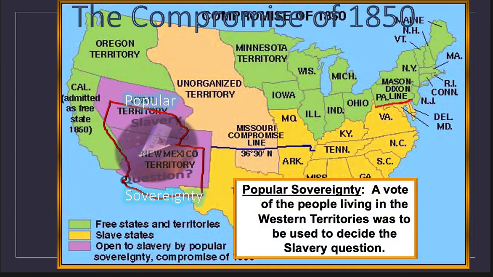We are going to use popular sovereignty in these territories. Remember, popular sovereignty means the vote of the people. Here, we're going to use the vote of the people living in these territories to decide if they want to be a free state or a slave state. They get to choose. So the vote is up to them.